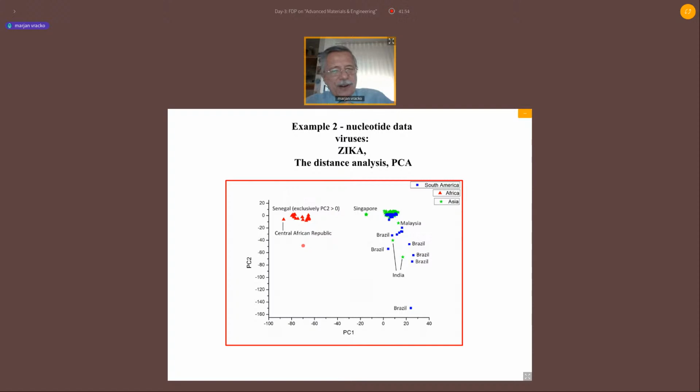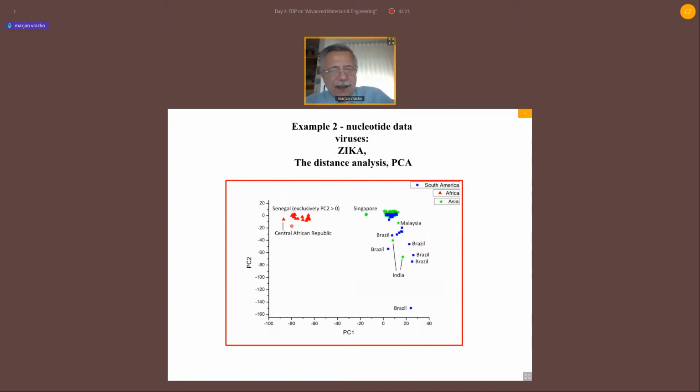We can see the red area here is Africa samples, and the green and blue are Asia and South America, and they are quite separated. Actually, the Zika virus originates from Africa. It was first detected in Uganda, and it then spread over the world from Africa.